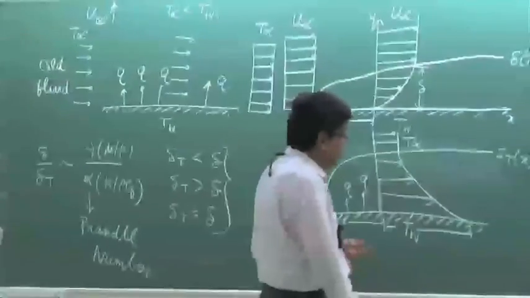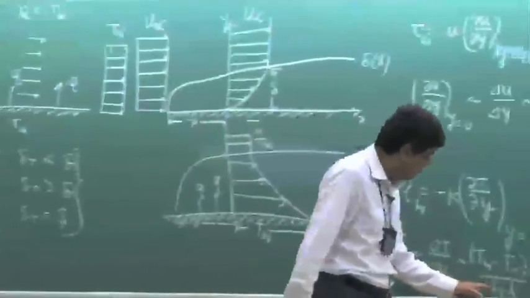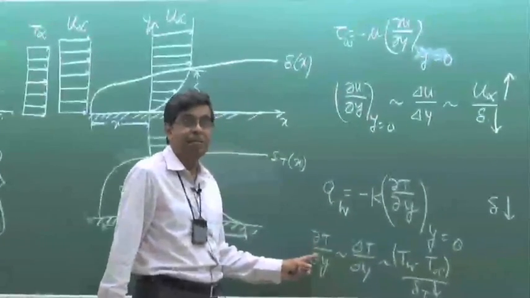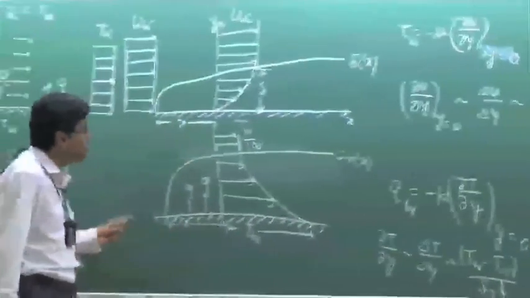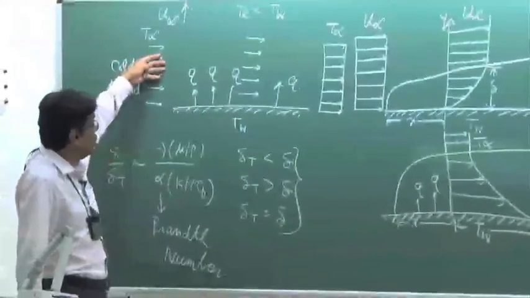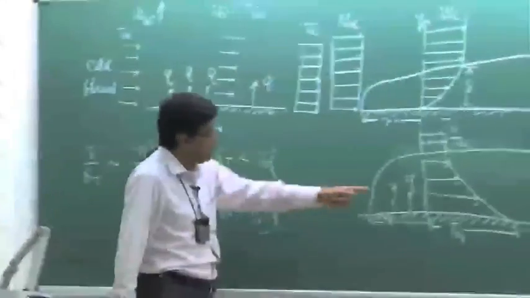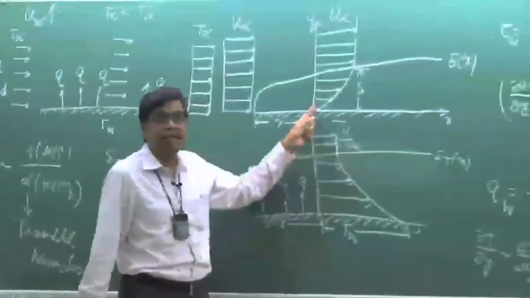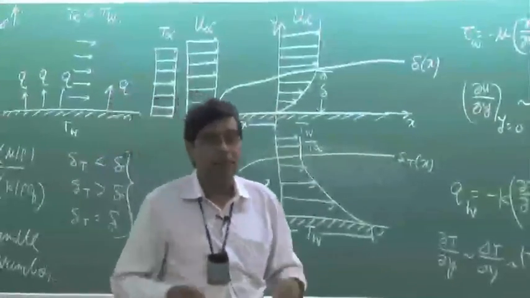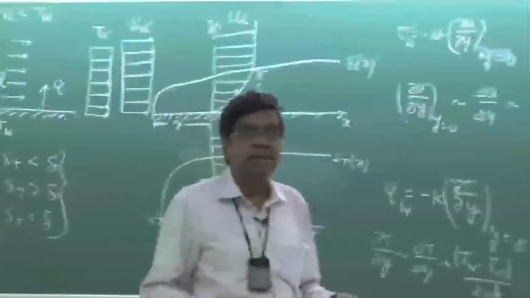So therefore the thermal boundary layer is reduced, which results in an increased temperature gradient. So therefore we see clearly that with an increased velocity, both the temperature gradient and the velocity gradient are increased, and we have more shear stress and we have more heat flux at the surface.